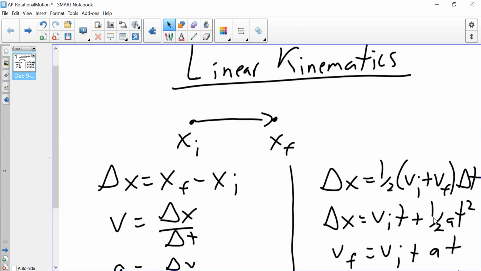Even as we've gone into forces, energy, and momentum, we have still been in a linear perspective.